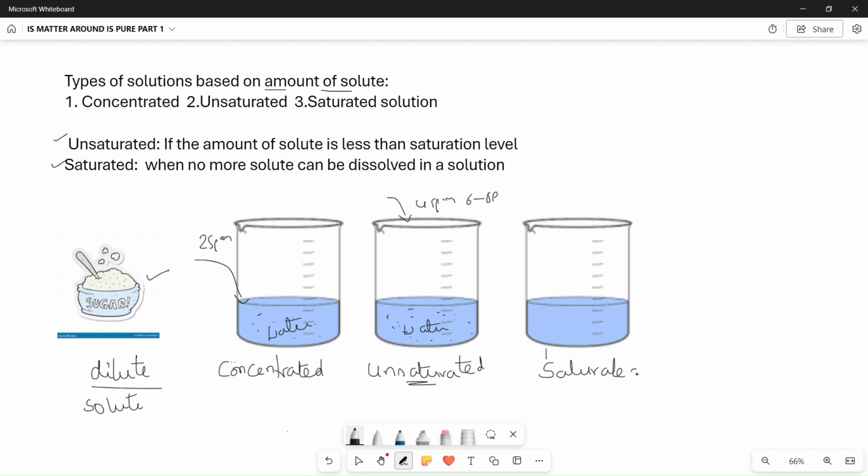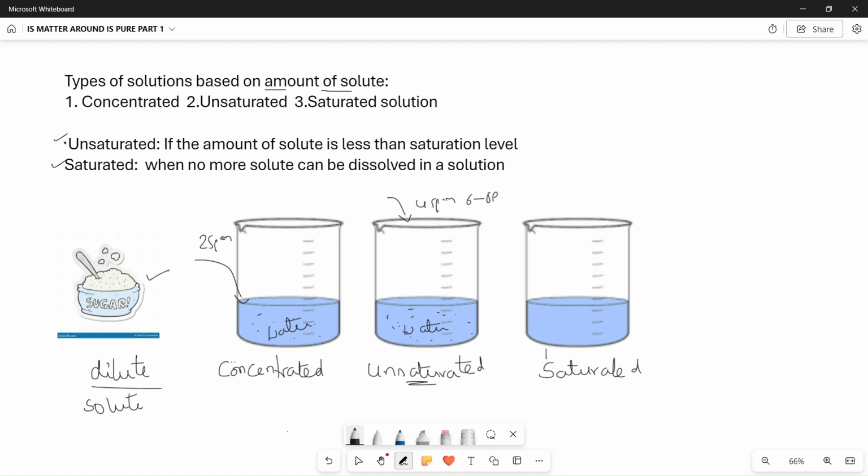A simple example from daily life: you go to the pani puri wala, you eat one or two, or three or four pani puri, that is a concentrated stomach. Then you can eat some more pani puri, that is called unsaturated. At one point you cannot eat even a single puri, then that is called saturated. So this is concentrated, unsaturated, saturated.